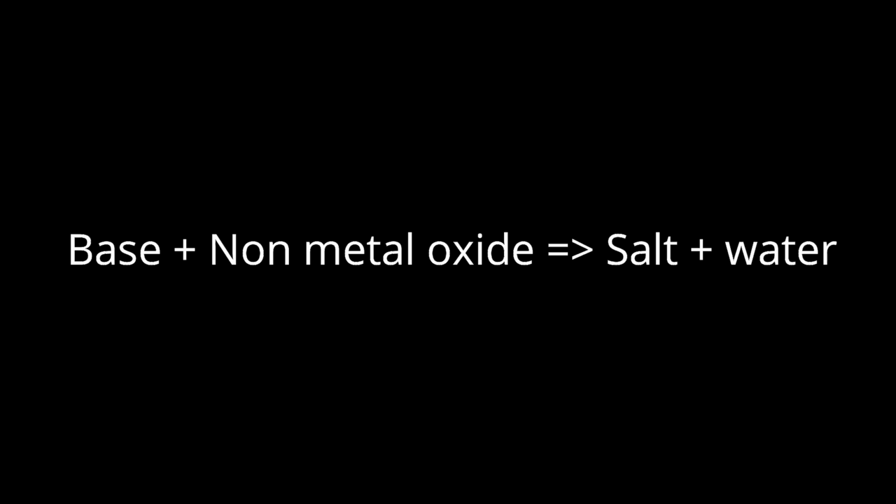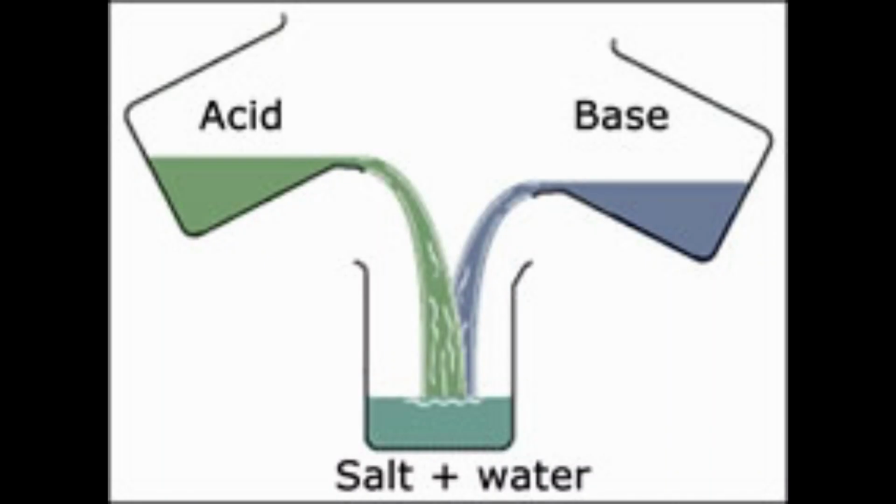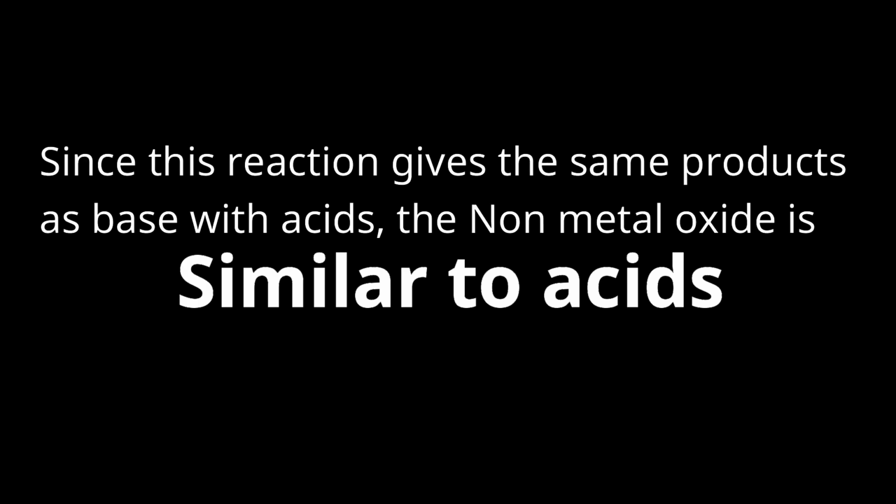Now this is the third time in a row that we have got salt and water as our products. Since the non-metallic oxide reacted with a base to give us salt and water, which is again similar to the reaction of a base with an acid, this non-metallic oxide is now similar to acids.